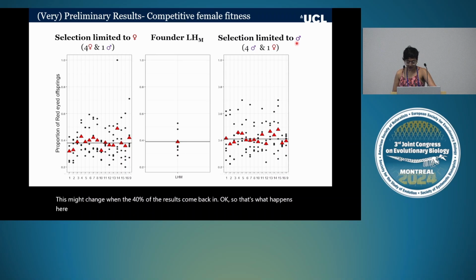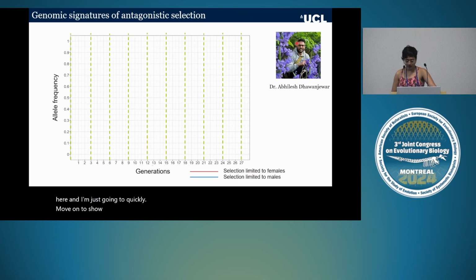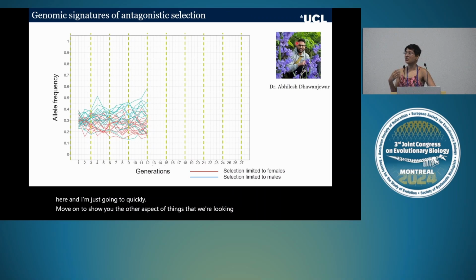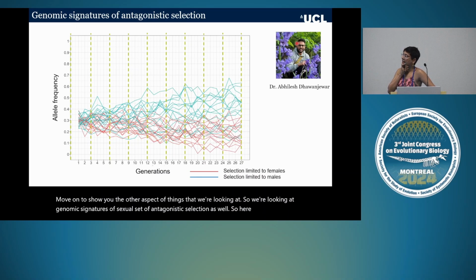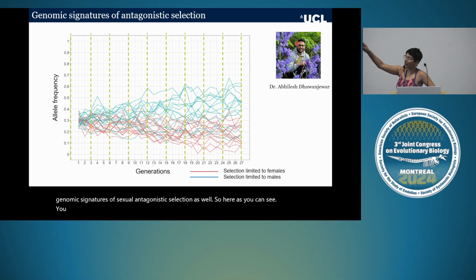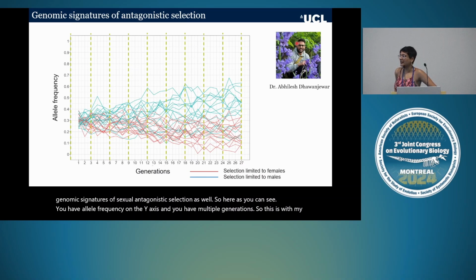And I'm just going to quickly move on to show you the other aspect of things that we are looking at. We are looking at genomic signatures of antagonistic selection as well. Here, as you can see, you have allele frequency on the y-axis, and you have multiple generations. This is with my colleague Abhilash. He's a postdoc in the lab.